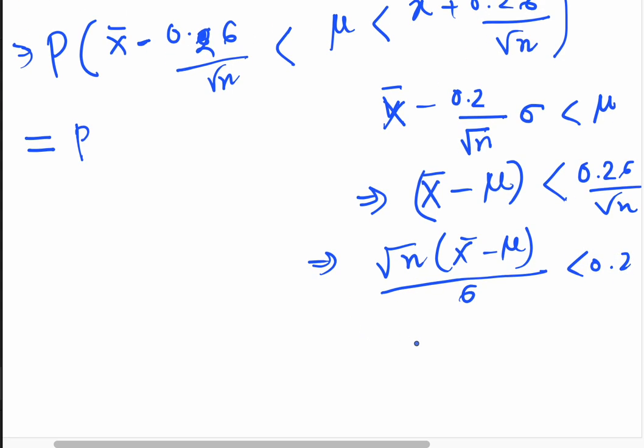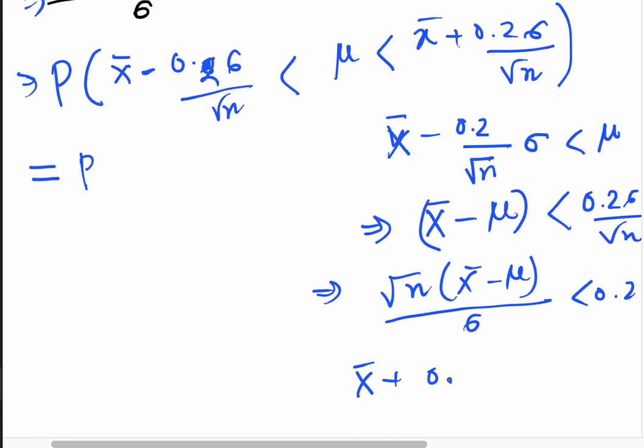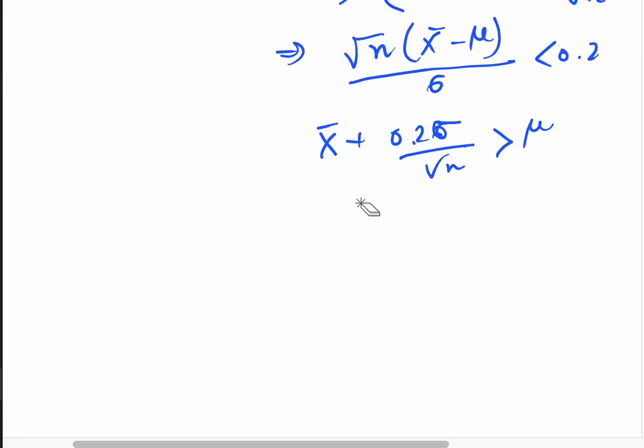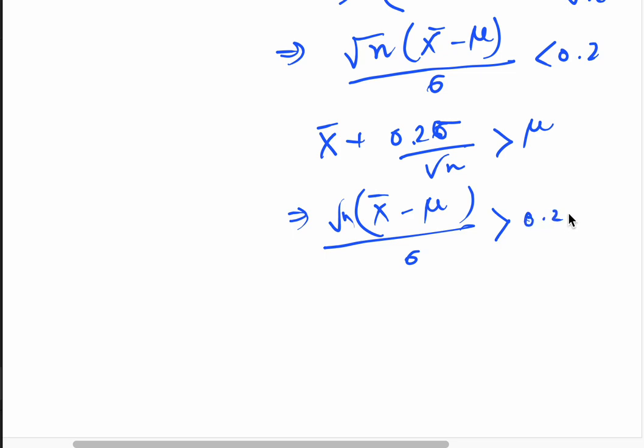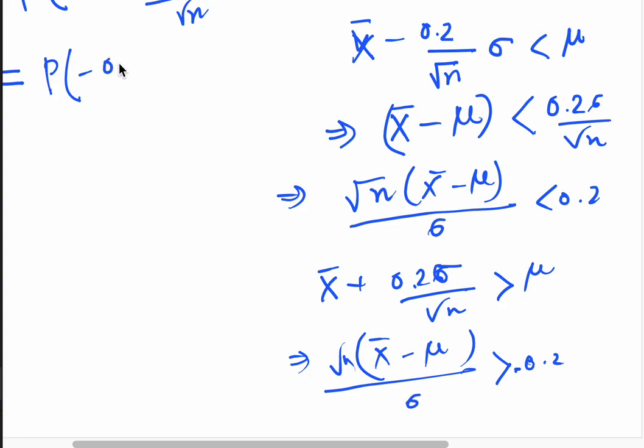And x bar plus 0.2 sigma by root n greater than mu gives root n (x bar minus mu) by sigma greater than minus 0.2.